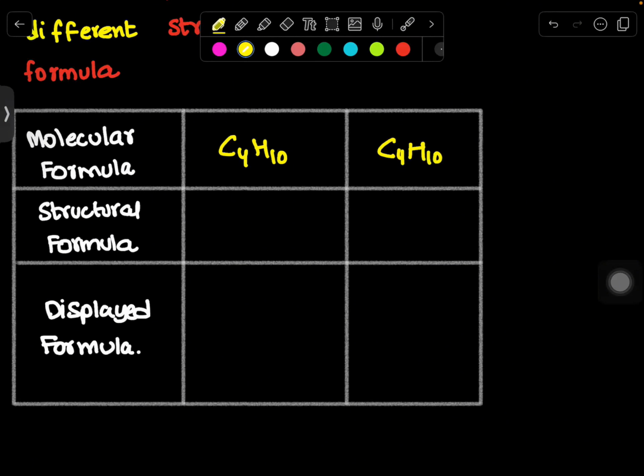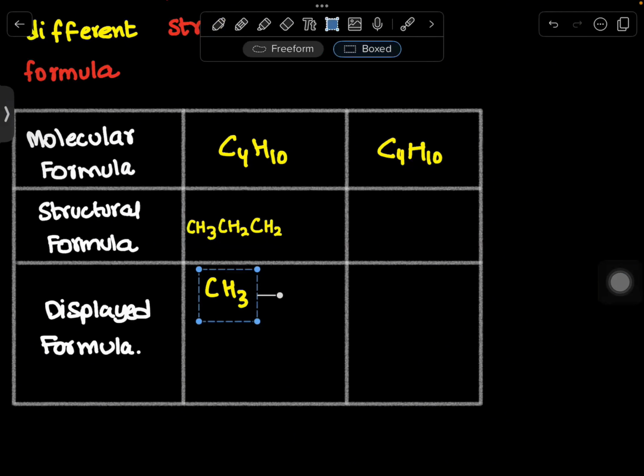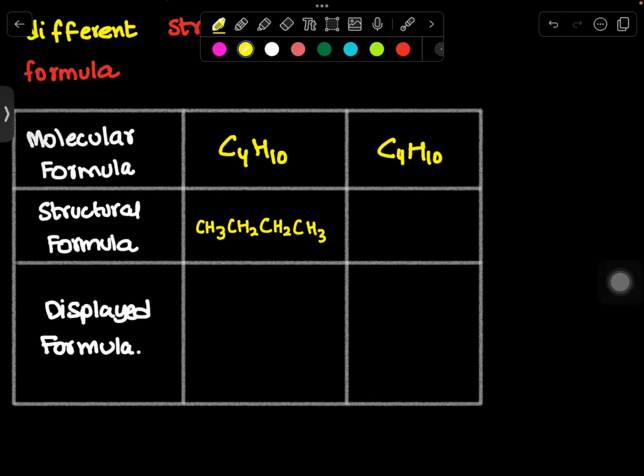I'm going to draw their structural formula: CH3, CH2, CH2, and another CH3. I'll draw the structural formula of the other compound: CH3, CH, CH3, CH3.